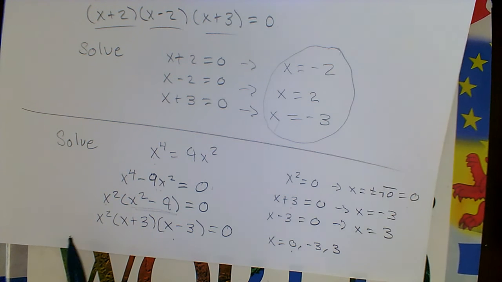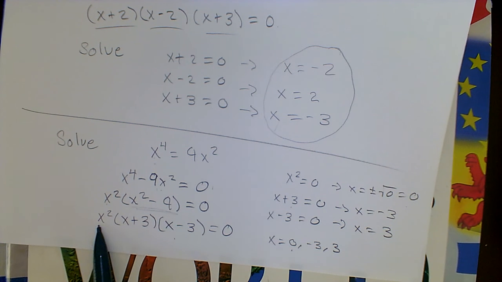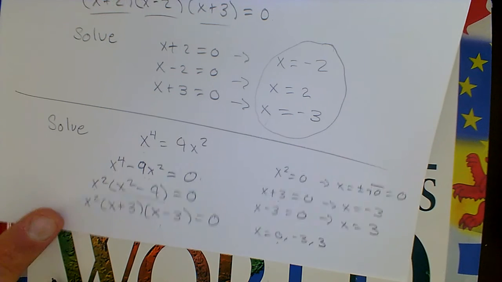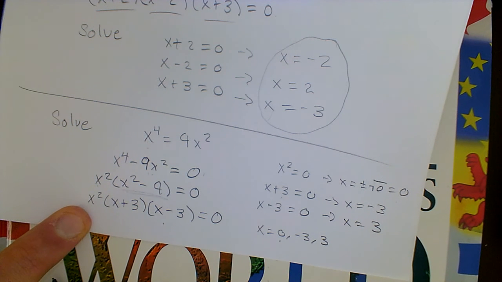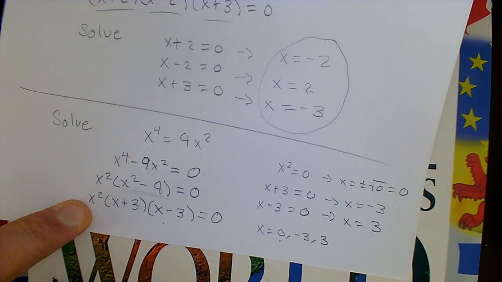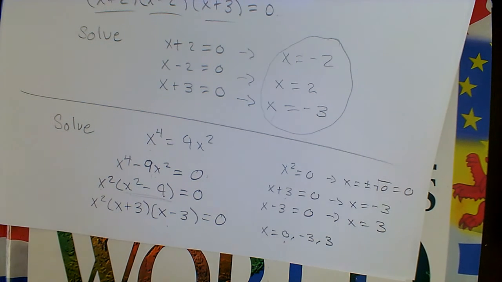You can also see the multiplicity of this root because this is x squared. If it were just x times x plus 3 times x minus 3, this would have multiplicity 1. Or if this were x cubed instead of x squared, the 0 root would have multiplicity 3. But we have x squared, so it's multiplicity 2.